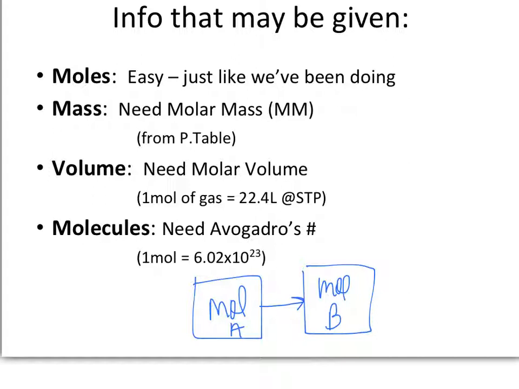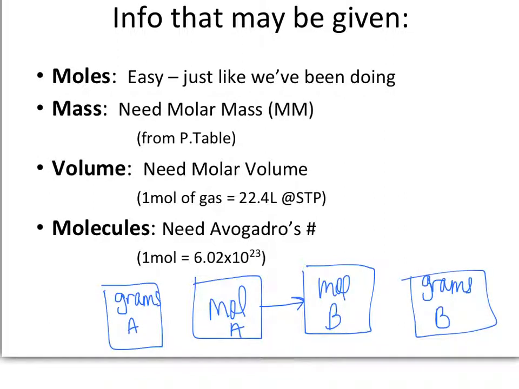But then we might find that some other problems might ask for grams, starting out with grams of A, and it wants to know, let's say, how many grams of B we are looking for. That means that we're going to have to do an extra step to go from grams to moles, and we're going to have an extra step at the end to go from moles to grams. So the ones we've been doing so far are the easy problems, where you start with moles and you end with moles.